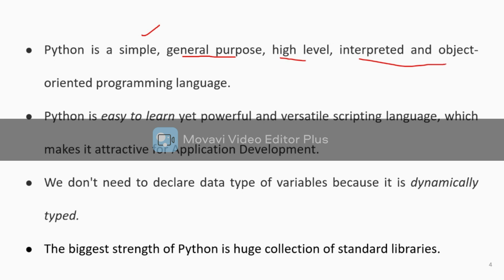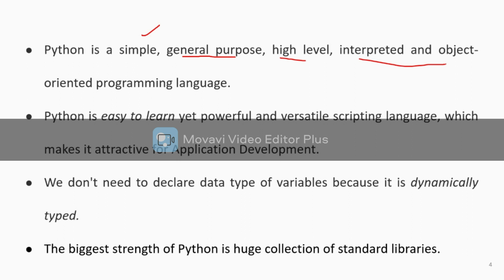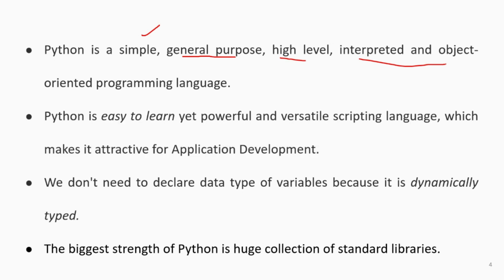Interpreted in the sense, the codes are executed, instructions are executed line by line, one by one. But this is not the case for compiled programming language, that is another type of programming language. In compiled programming language, we have to write the entire code once, then we can execute it.